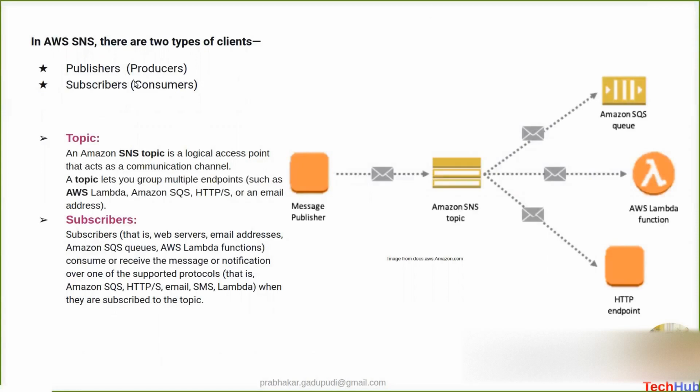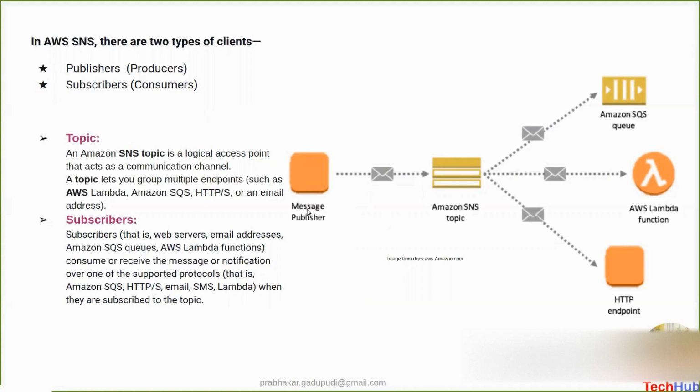So SNS comes with two categories. One is the publishers and the second is subscribers. Publishers are nothing but the producers who send the messages, and subscribers are nothing but the consumers who receive the messages. Suppose here is my publisher, let's take an example, Amazon.